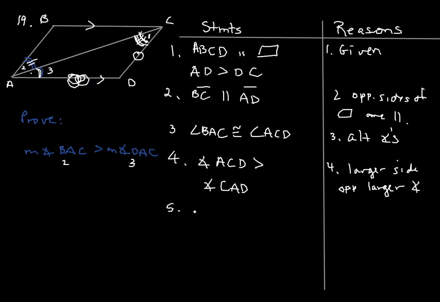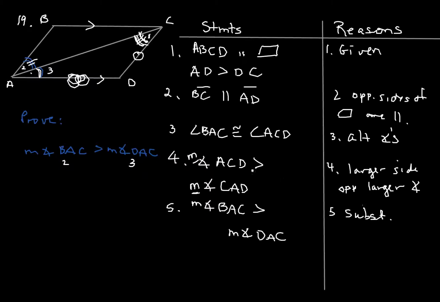These are measures, I guess we would call these. When you're comparing greater or less than, you need to put the measure sign in front of them. So then we'd say the measure of angle BAC is greater than the measure of angle DAC, and we would just call that by substitution.